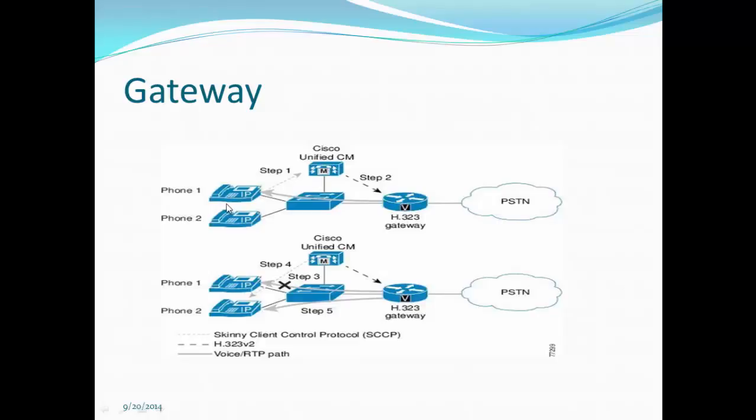In this case, the figure uses Cisco IP phones, so the protocol they use is the Skinny protocol, or Skinny Client Control Protocol, SCCP. People usually call it the Skinny protocol.